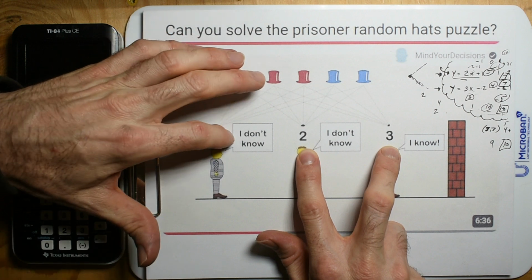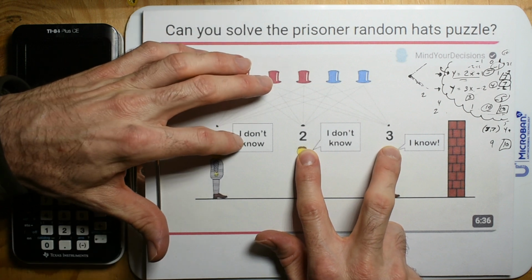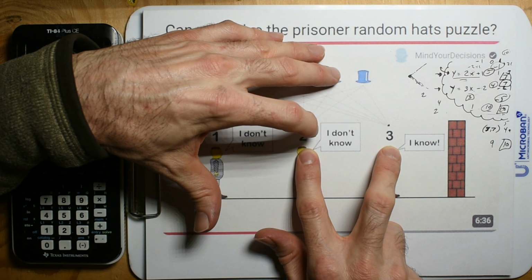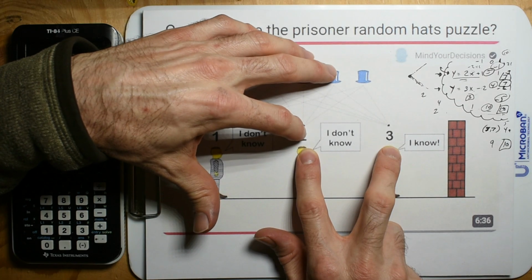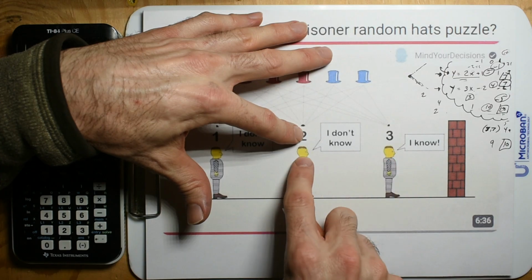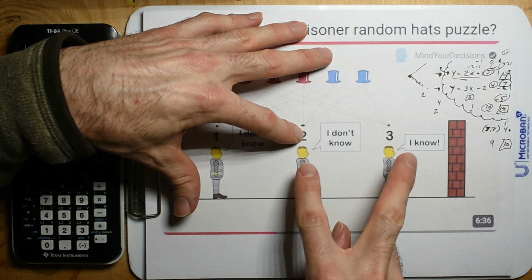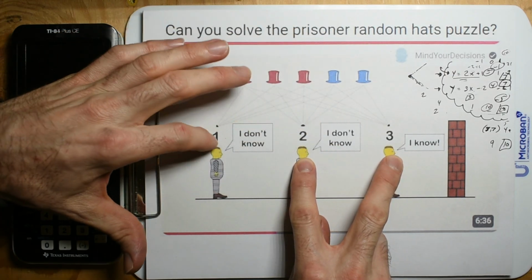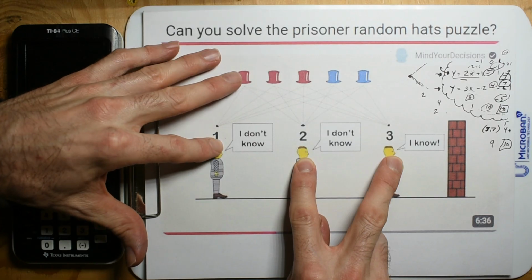And prisoner 1 would say, I don't know, and then prisoner 2 would say, I don't know. But yeah, we have to go back to that: the fact that prisoner 2 could have said, I do know, after prisoner 1 said, I don't know.